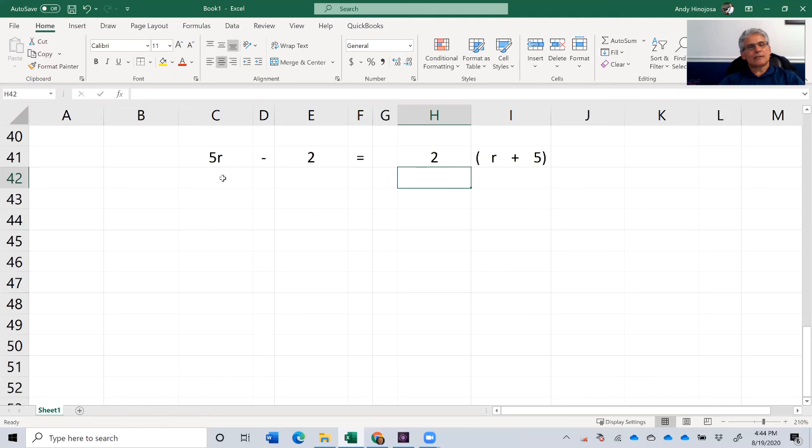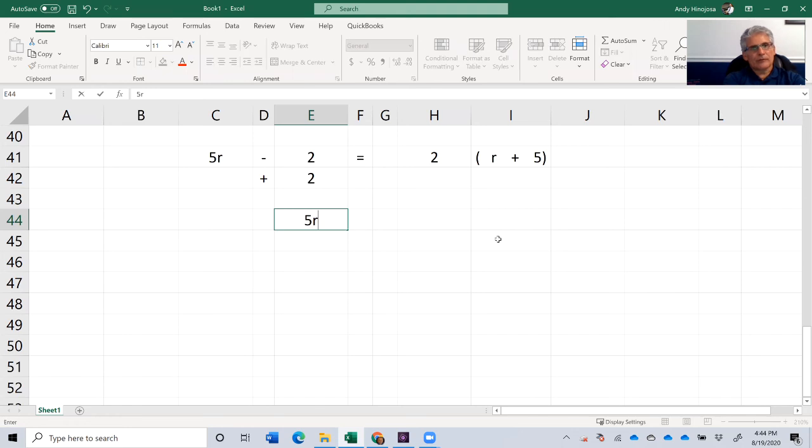So in this case, we're going to take one side at a time to try to isolate the r. On the left side of the equation, it'll be pretty simple. We'll just add 2 to this side of the equation, which will give us 0, and then we're left with 5r. And whatever we do to the left side of the equation, we have to do to the right side.